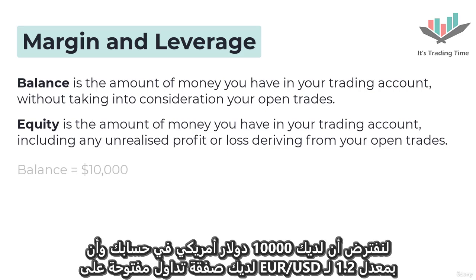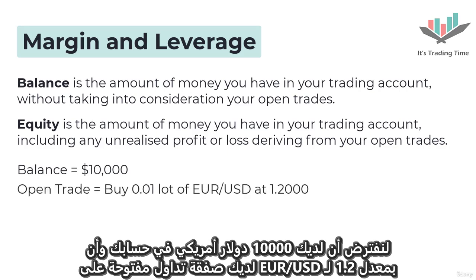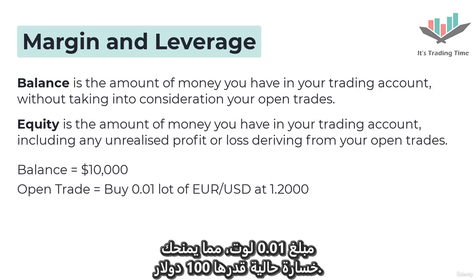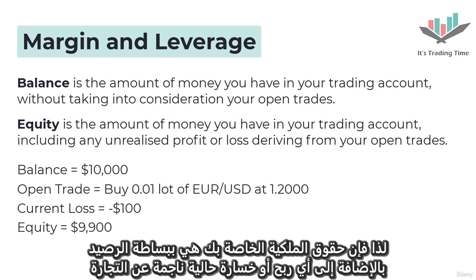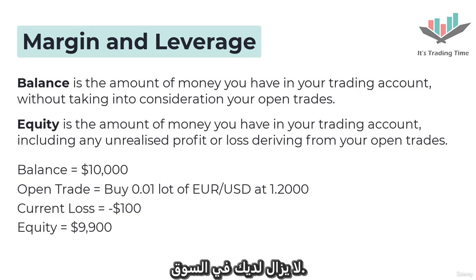Let's say that you have $10,000 in your account and an open trade on euro-dollar at a rate of 1.2 for an amount of 0.01 lots, which is giving you a current loss of $100. In this case, your balance is $10,000, while your equity is $9,900. So your equity is simply the balance plus any current profit or loss deriving from trades you still have on the market.